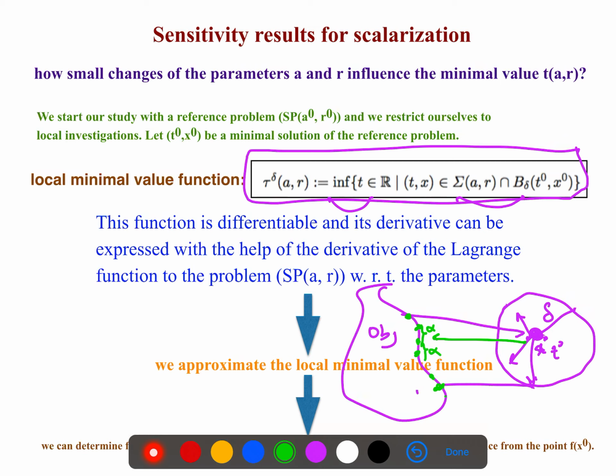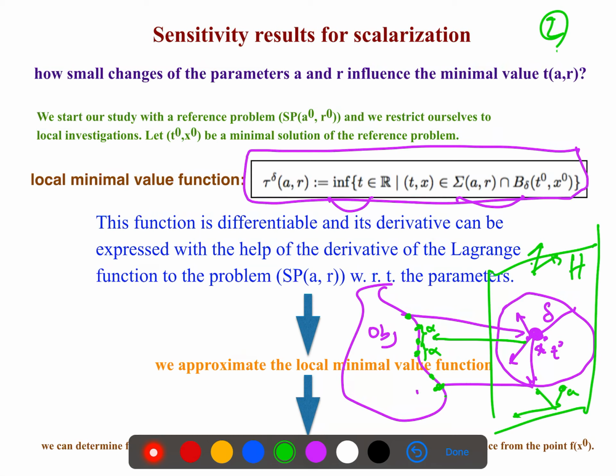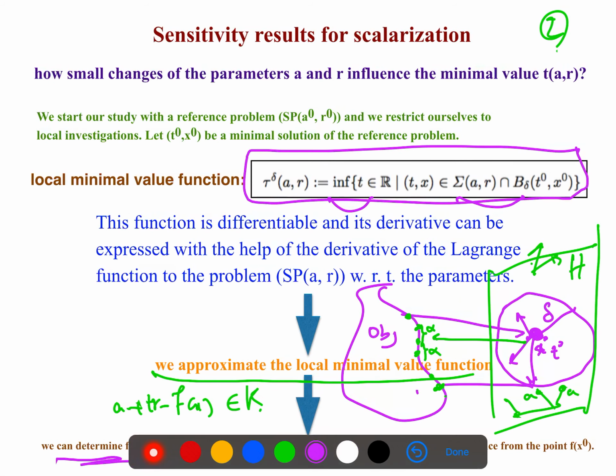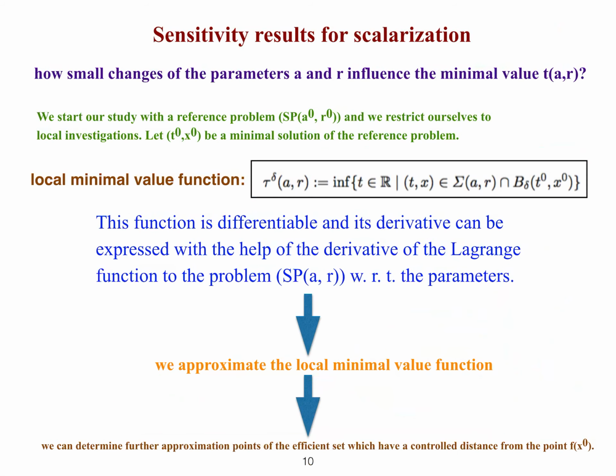And also, our second target is to prove that, because all of them are inside the hyperplane, which is generated by some bases, we want to first of all say in which direction on this hyperplane we should move to find another reference point a, so that a plus tr minus f of x belongs to the cone K. So we approximate the local minimum function, and we can determine further approximations.